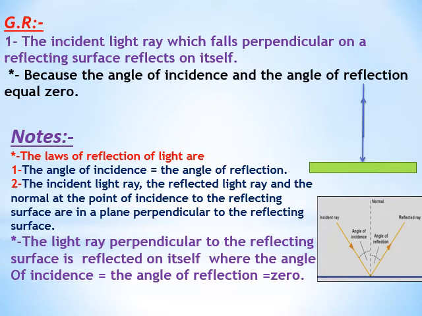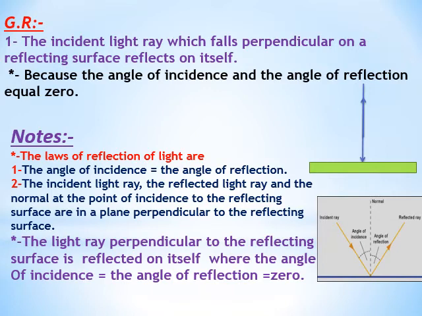It said that the incident light ray and the reflected light ray and the normal at the point of incidence to the reflecting surface, all of them are in the same plane, and this plane is perpendicular to the reflecting surface.